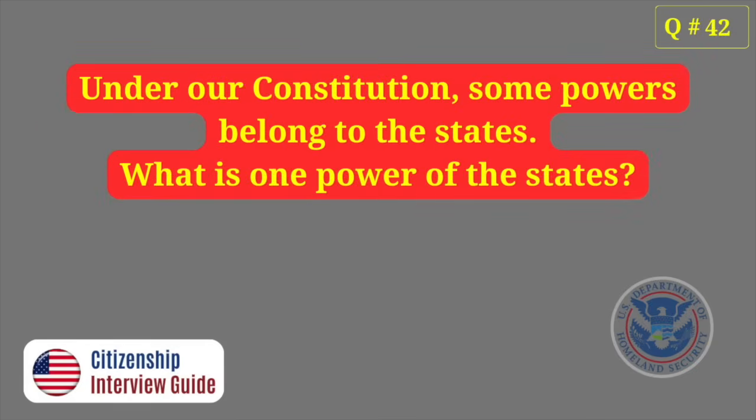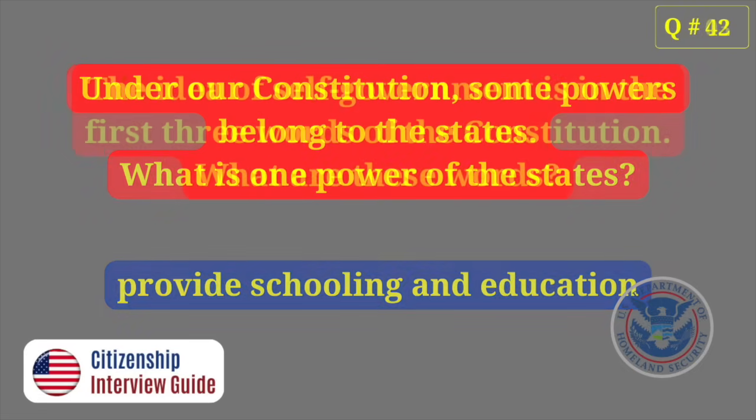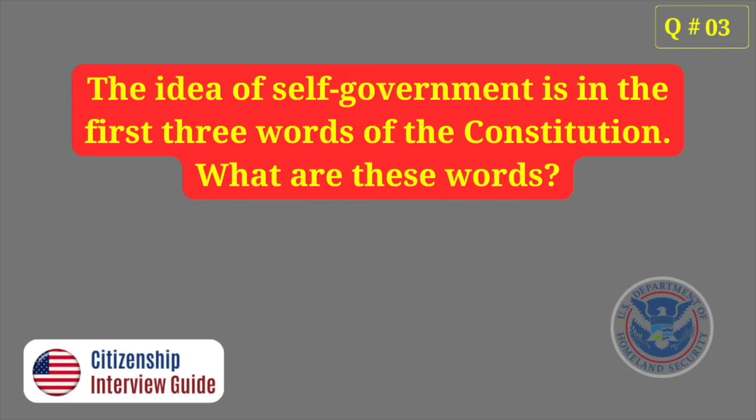Under our Constitution, some powers belong to the states. What is one power of the states? Provide schooling and education. The idea of self-government is in the first three words of the Constitution.